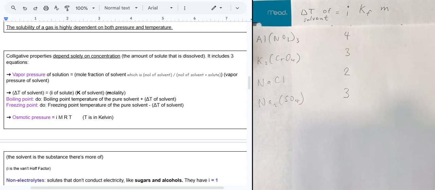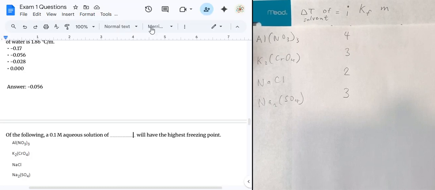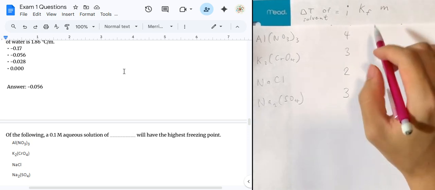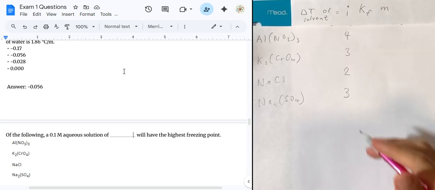Now the K is the K of the solvent, and the solvent is water, and the K for water is the same. So this K will be the same for all of these.